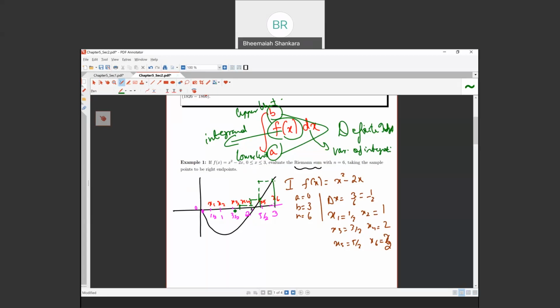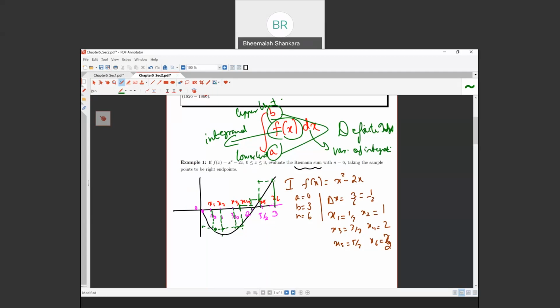For the next one, you draw a vertical line, horizontal line, and you see an underestimate. For the next, again you're seeing an underestimate. It's a decreasing graph, or a decreasing function. For the next, again you're seeing an underestimate because it's a decreasing graph.